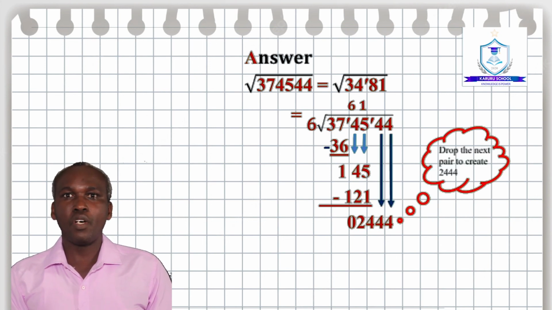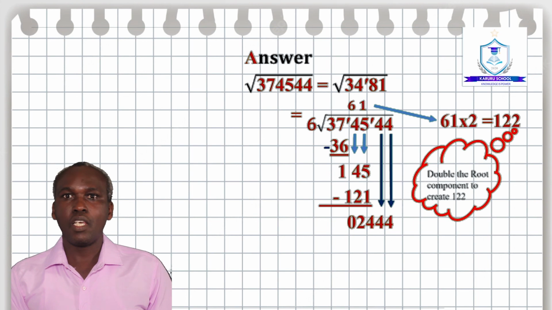Next, we drop the next pair to create 2444. We then double the root component to create 122. We need to find a number such that if we place it in the ones position and then multiply the generated number with it, we get a value that is close to or equal to 2444.